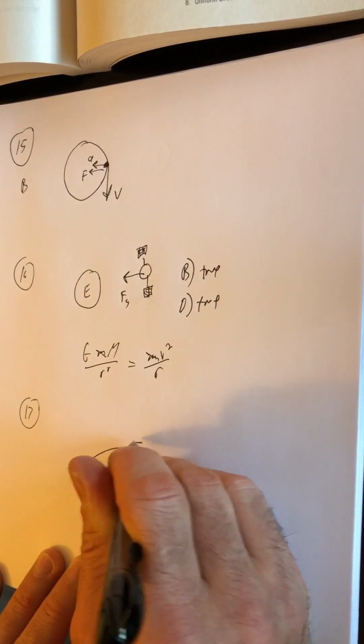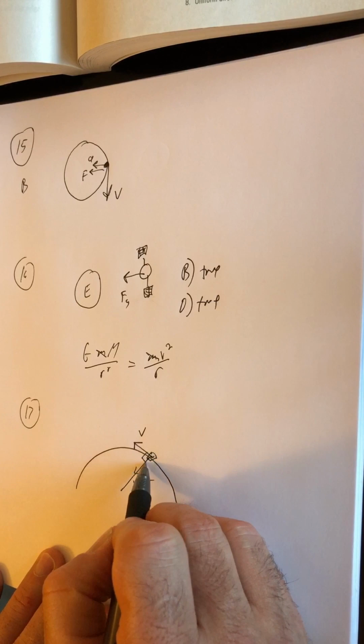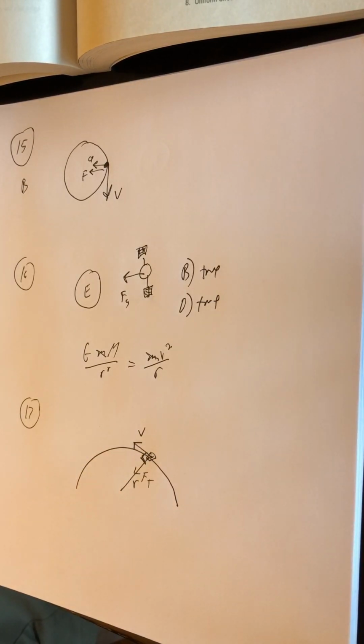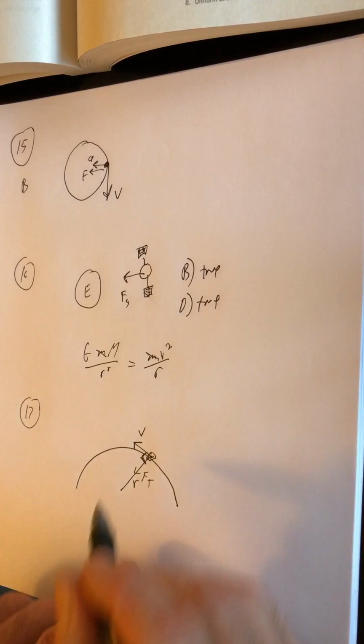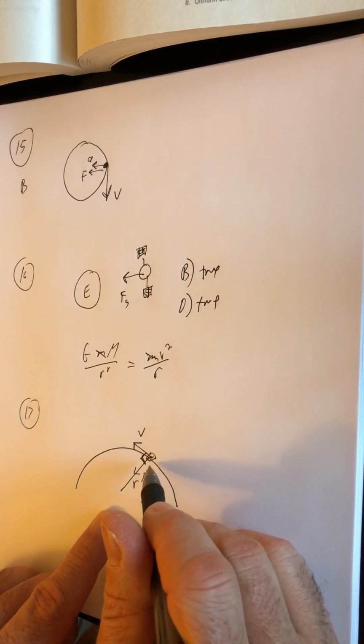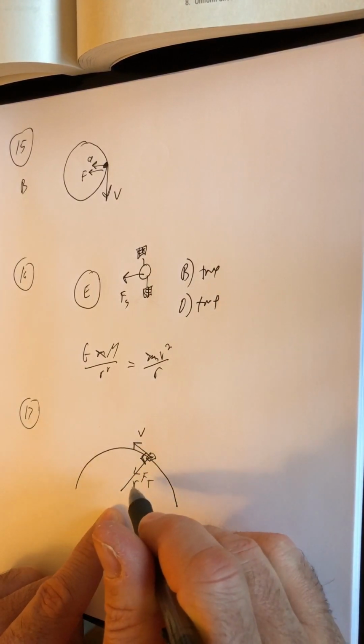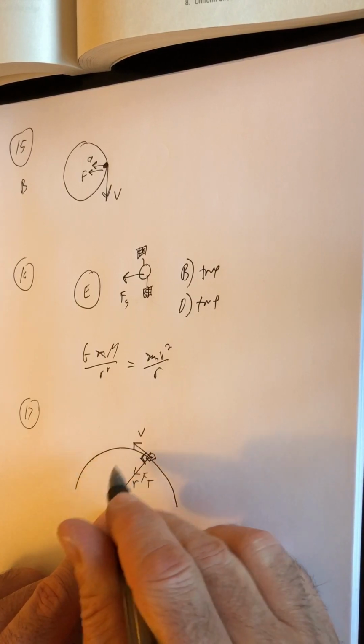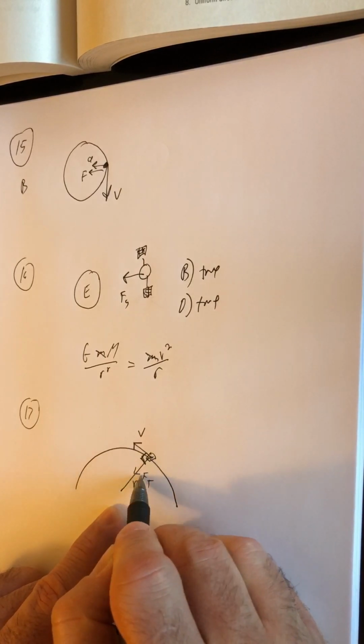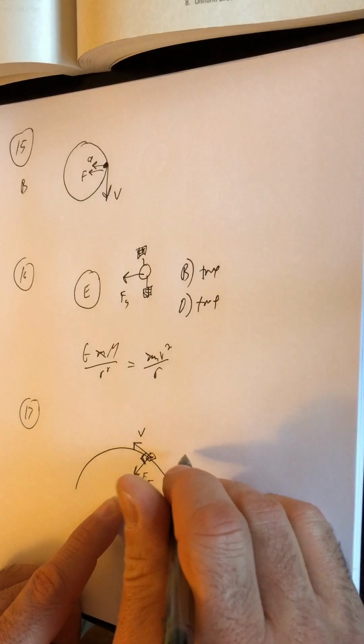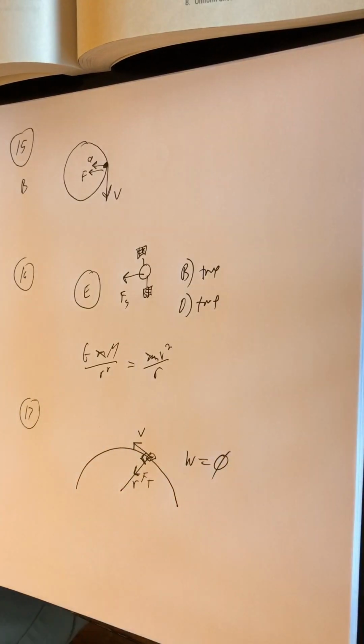Again, this velocity is always going to be perpendicular to this. Mass on a string is probably not the best example. If this was a planet orbiting a sun, or something else where the centripetal force is definitely the only force, then the work has to be 0.